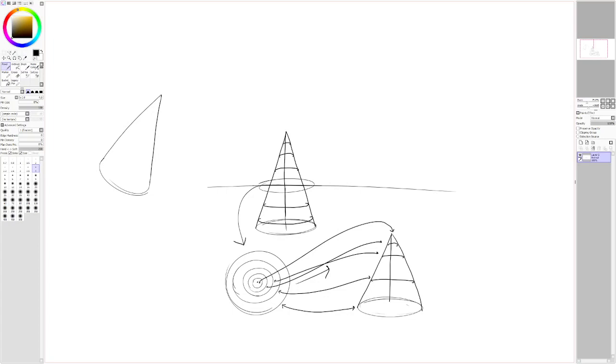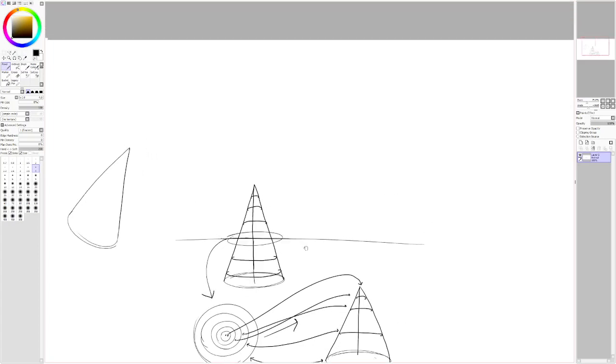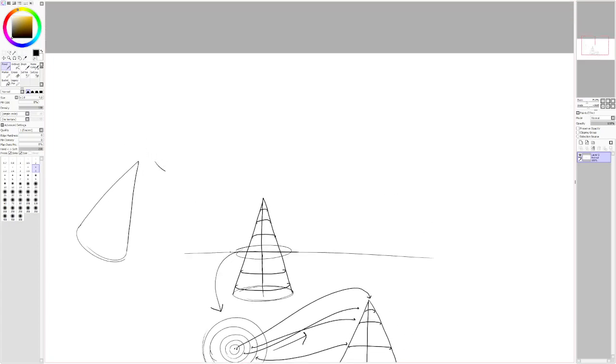Because it's similar to a Roman Colosseum. I don't know why I always think about that. I can't remember if I read it in a book or if it was Drawbox as well. It was one of those. But it's very similar to a cylinder. Obviously a cone is a bit similar to a cylinder.